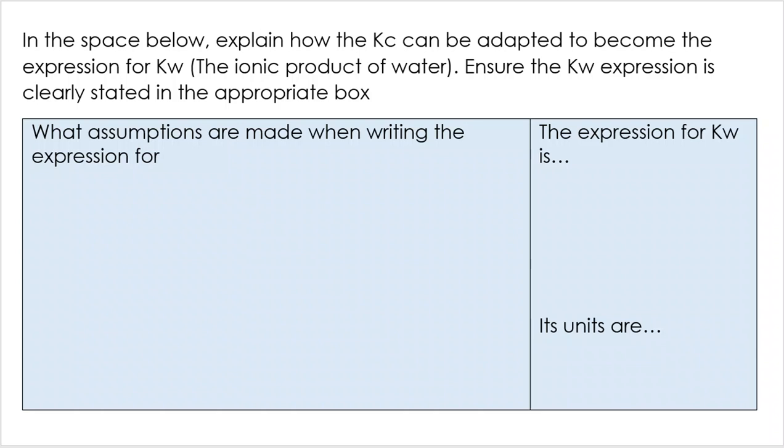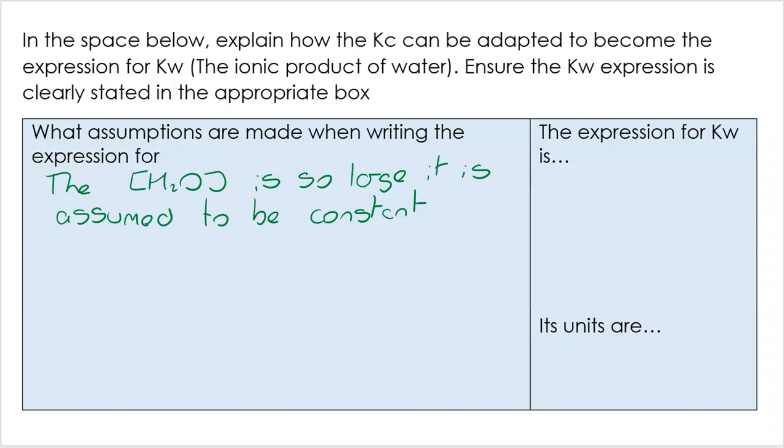Now, what we can say, because we know the equilibrium lies so far to the left, we actually assume the H2O concentration is so large that we can say it's constant. Any change made to it will have a negligible impact on any Kc value.